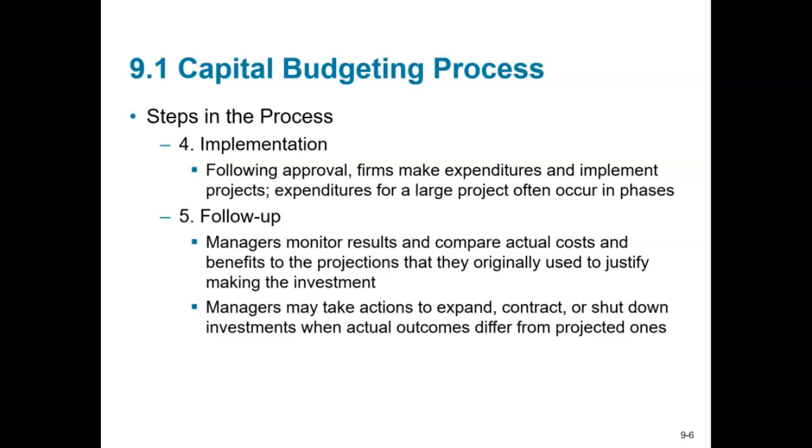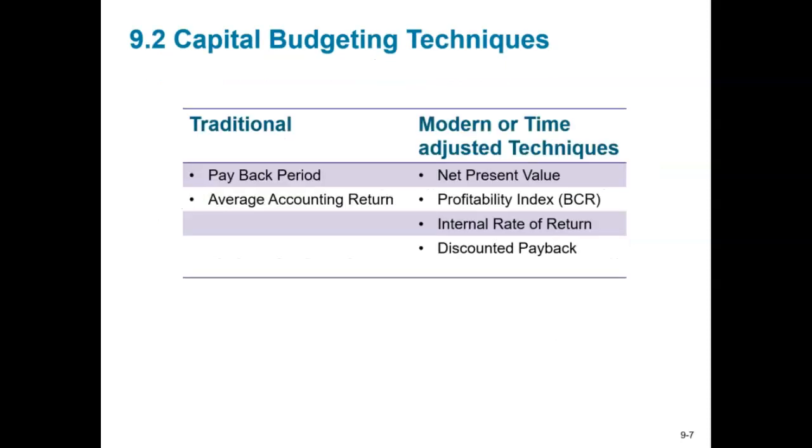Now, the major focus of this chapter is understanding the capital budgeting techniques or investment decision-making criteria. Usually in the hands of the managers, they have the process of evaluating and selecting long-term investments that contribute to the firm's goal of maximizing owners' wealth.